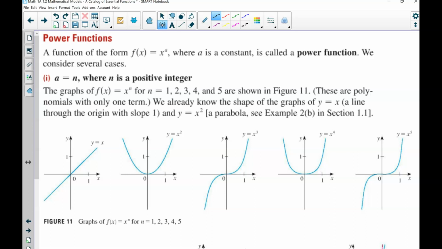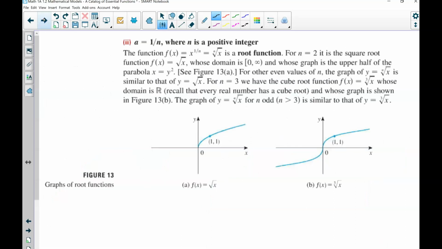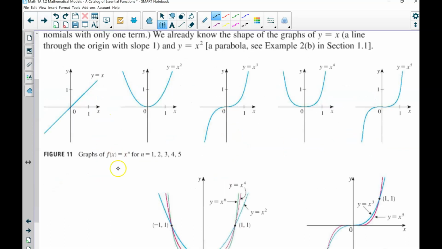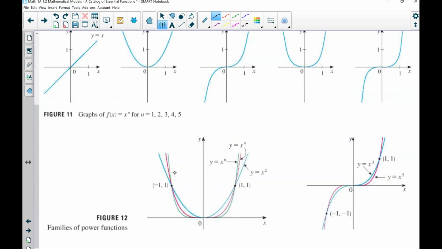Now, if you notice in the next figure, as n increases, the graph of y equals x to the n becomes flatter near 0 and steeper when the absolute value of x is greater than or equal to 1. Sorry, let me go back to here. Okay, so again, I want to restate this.